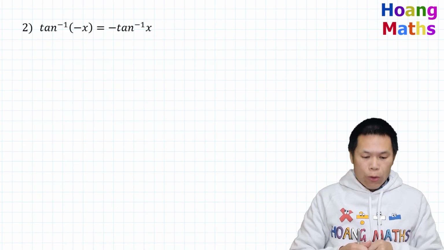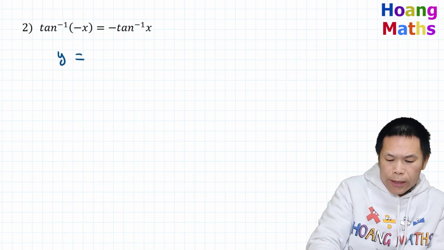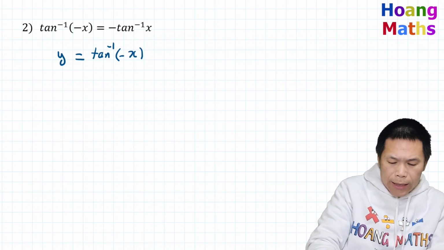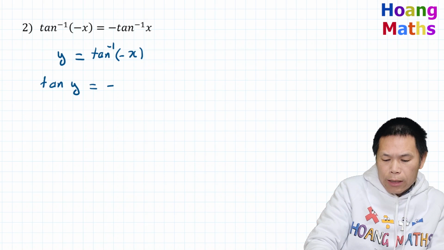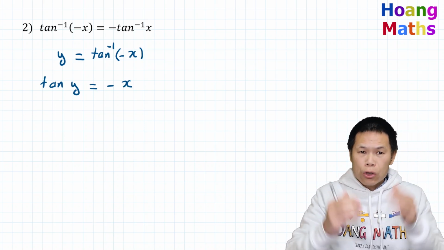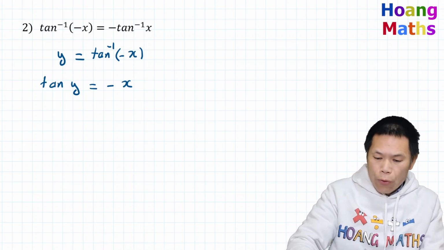First of all, we let y be equal to tan inverse of negative x. If I take tan on both sides, this means that tan of y is equal to negative x. And we know that tan of y is negative, so it will be in either the second or fourth quadrant.